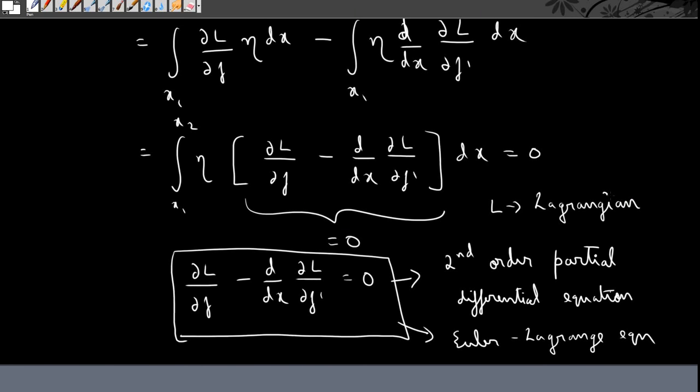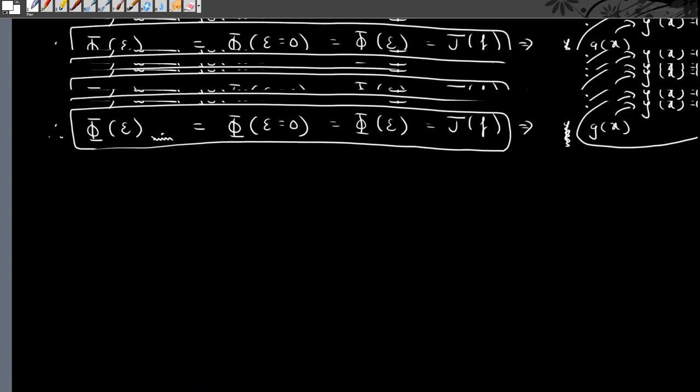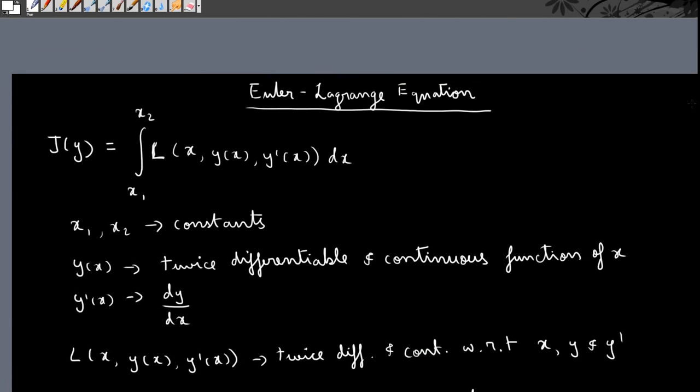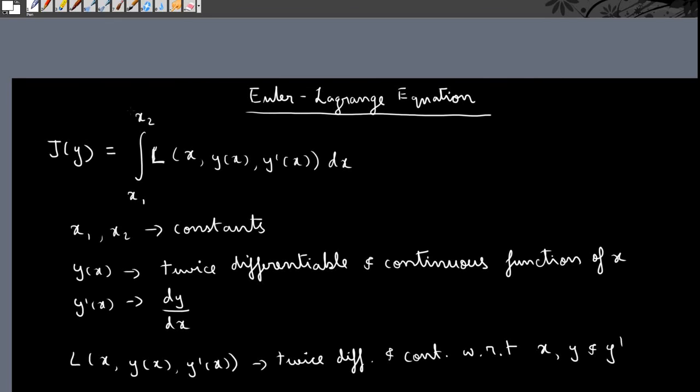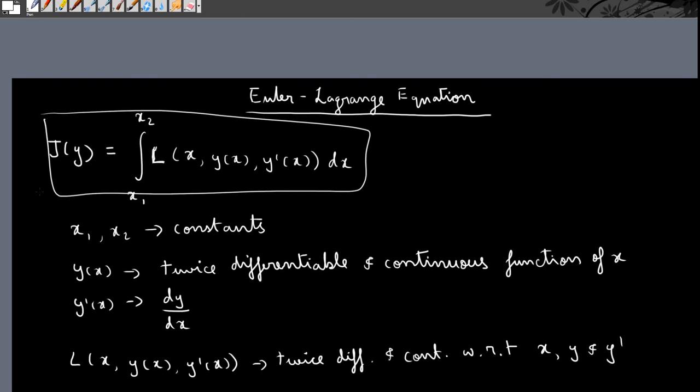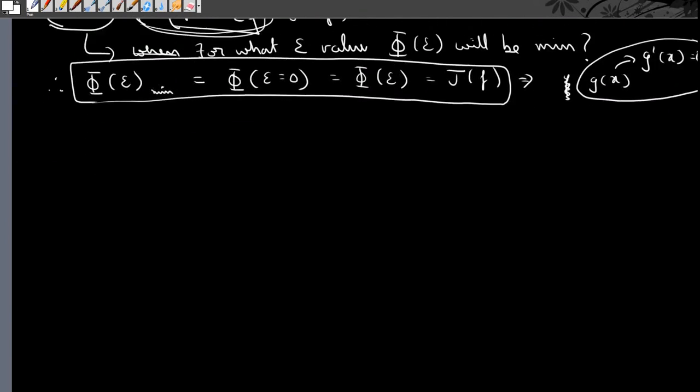So where is this used? What is the whole point of deriving this equation? So what we have done from this exercise is that we have basically found out the condition for J of y to be minimum. So what have we found out?